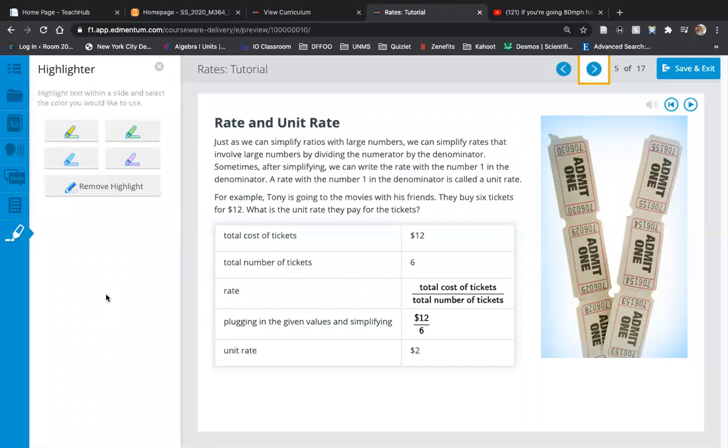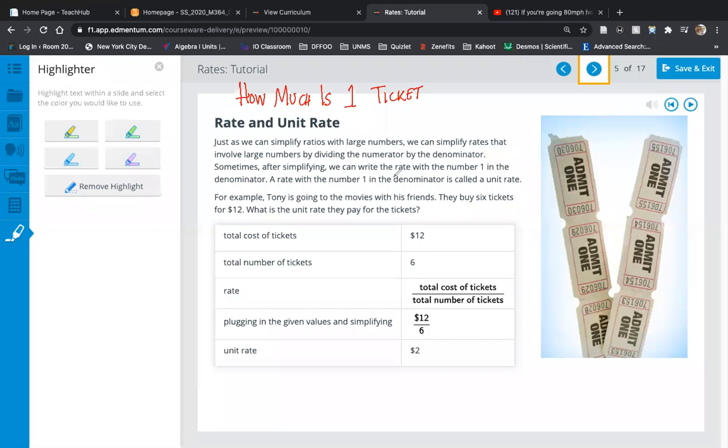So basically what we're thinking about is the main question for this page and the next page. I'm gonna write it at the top. So the main thing that we're thinking about is how much is one ticket? That's the main question that we're thinking about here, okay?